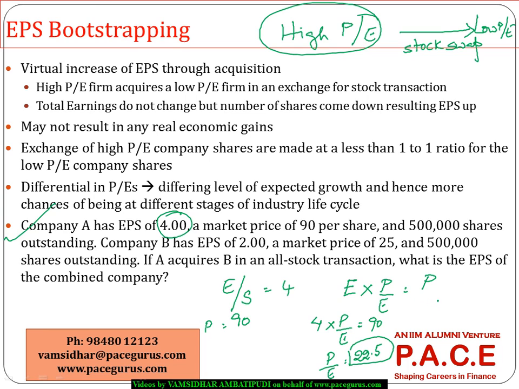Company A has 500,000 shares. Let's look at B. It has an EPS of 2 and a market price of 25. So the P by E for B is 25 by 2, that is 12.5. So A has a very high P by E compared to B. Now let's say A is acquiring B. What is the total value of B?